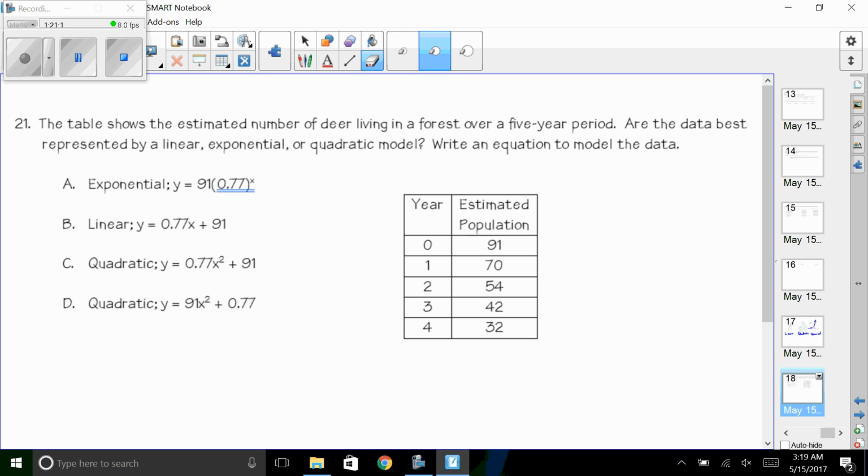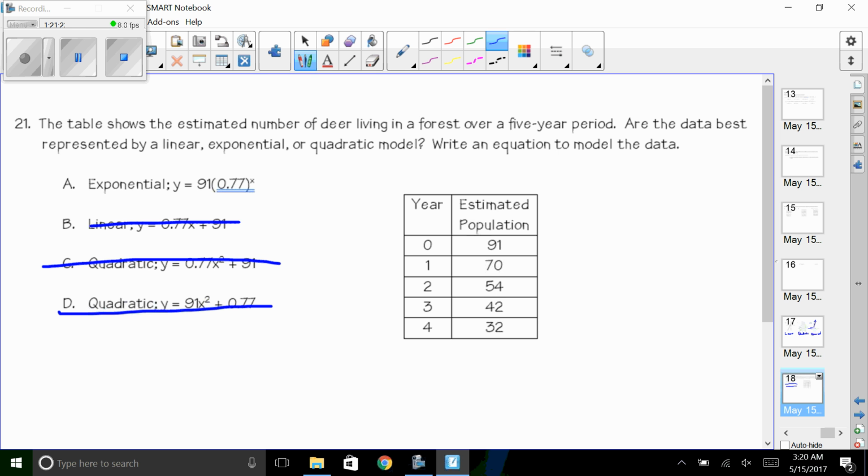So I can eliminate these equations. The only one that's left is exponential. Now, how did they get 0.7?